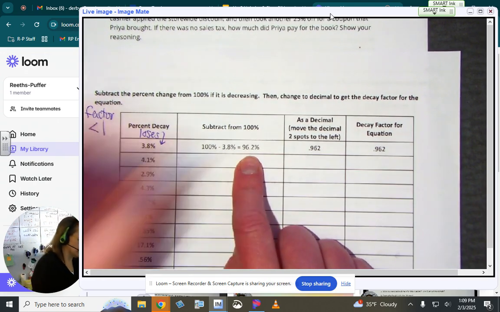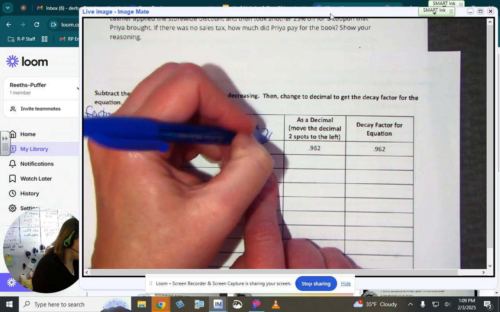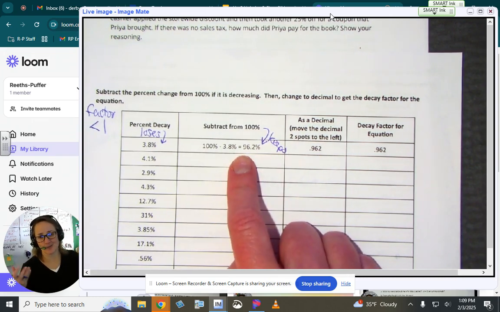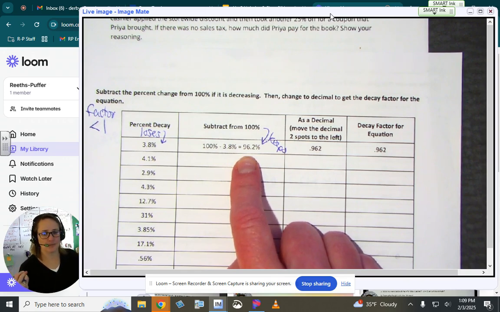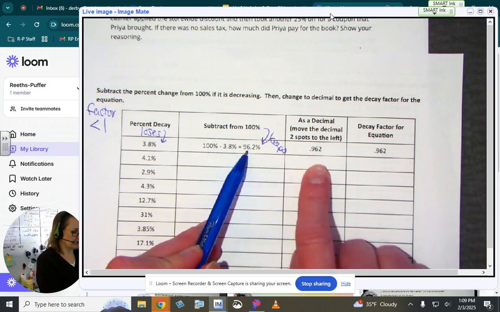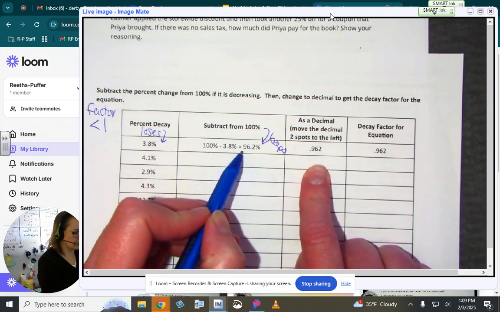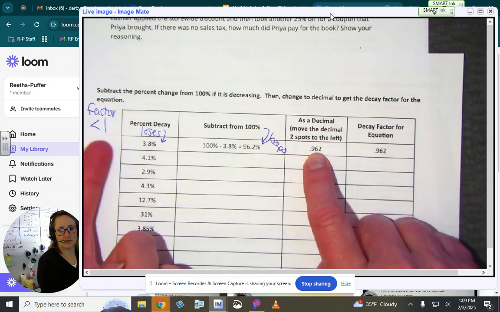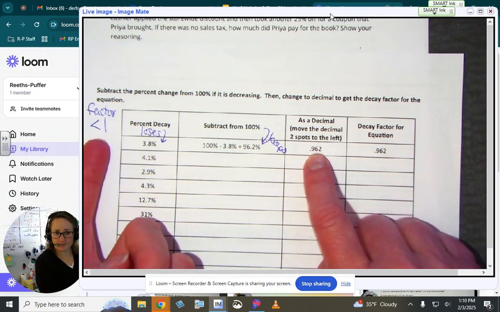This ends up being the percent that it keeps. We always write our equations based on how much value it keeps. So they do that math here. And again, they move that decimal point 2 places. And we end up with a decimal point that is less than 1 because our factor is showing decay.